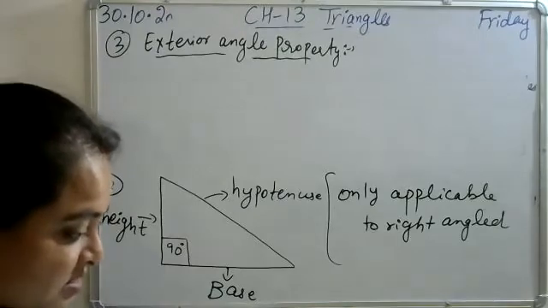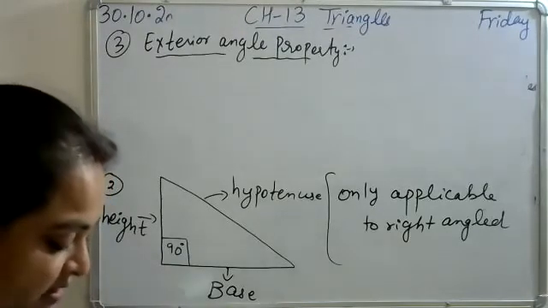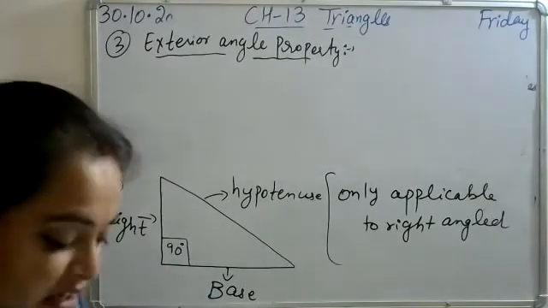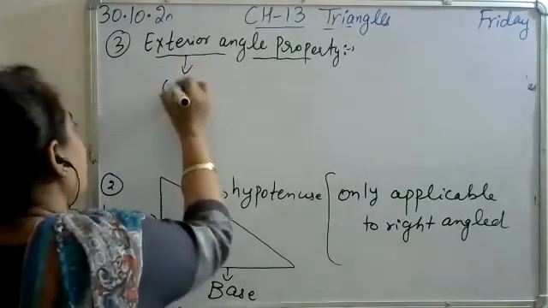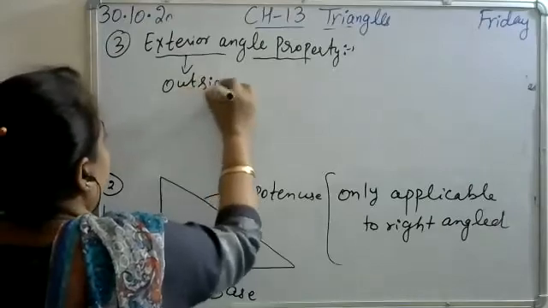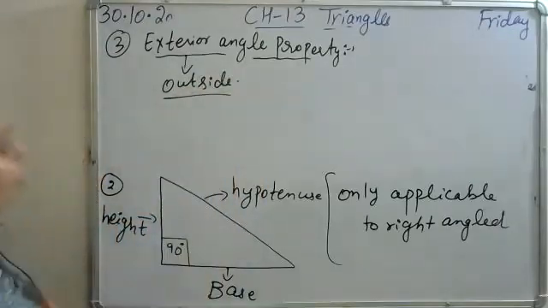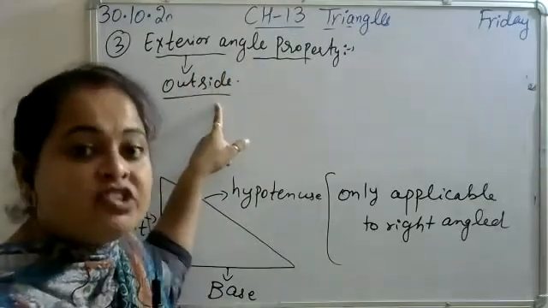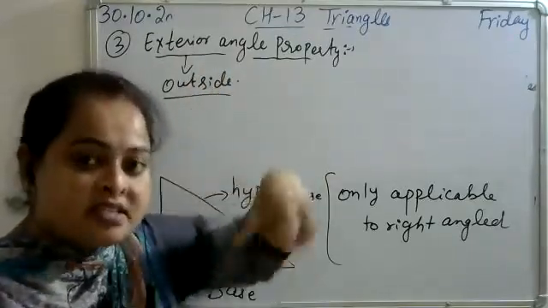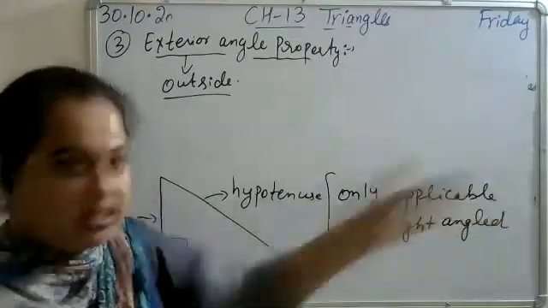Exterior means, Sara, very good, outside. Exterior word means outside. Yes, outer. Outside. Okay. So, outside angle. Exterior angle means angle which is not inside the triangle, which is outside the triangle.